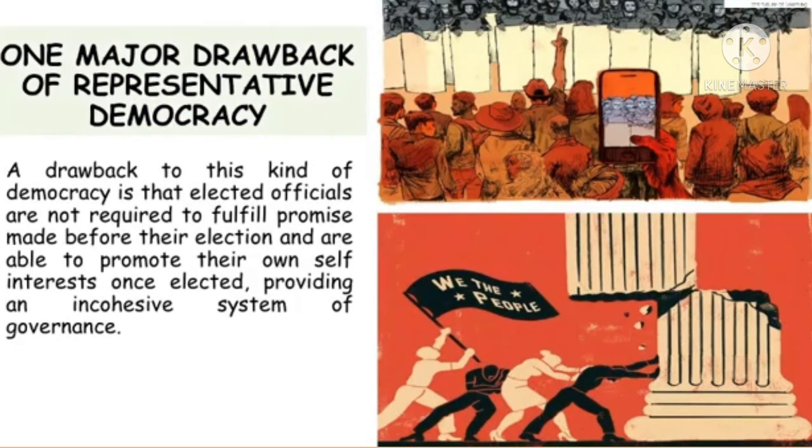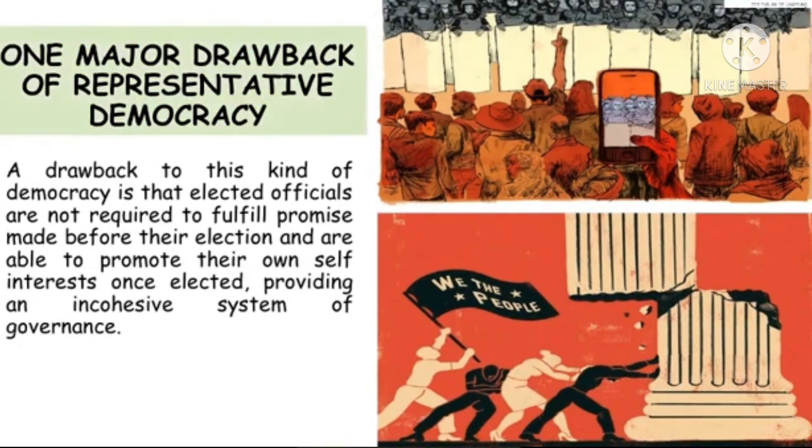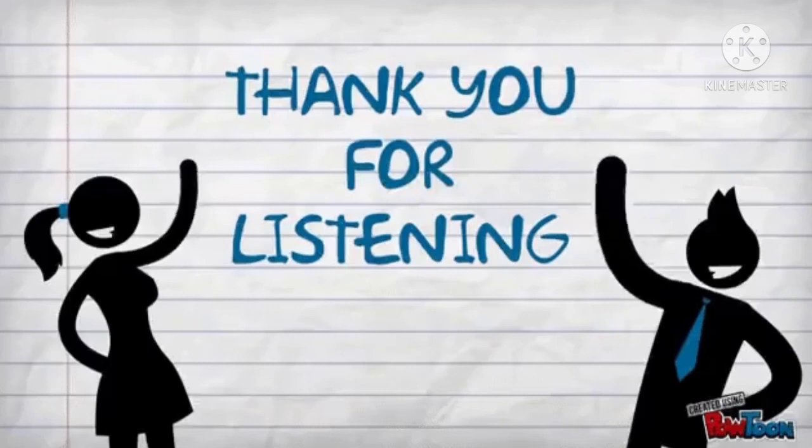One major drawback of this system of government is that elected officials are not required to fulfill promises made before their election and are able to promote their own self-interest once elected. That is common in Nigeria, providing an incohesive system of governance.